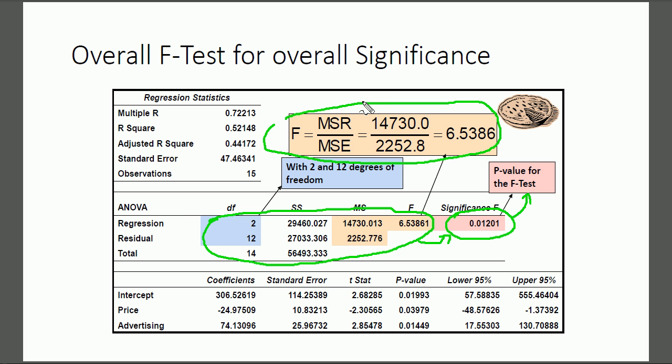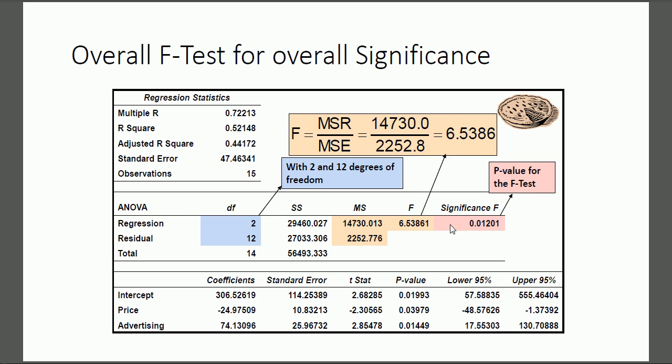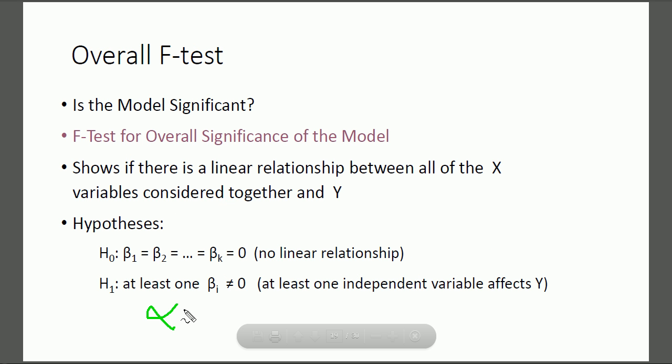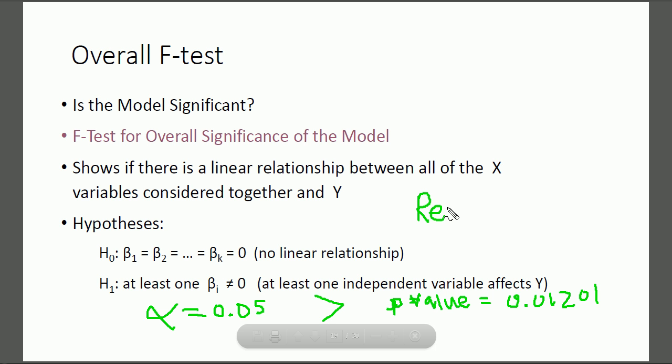So let's remember this number. Let's go back. So if I set alpha at 5%, which is a typical level of significance, my p-value was 0.01201. I got that from the output. Okay. Obviously, alpha is greater than my p-value, or you could say my p-value is less than alpha, which would cause me to reject H0.